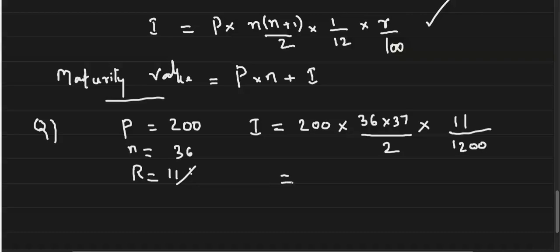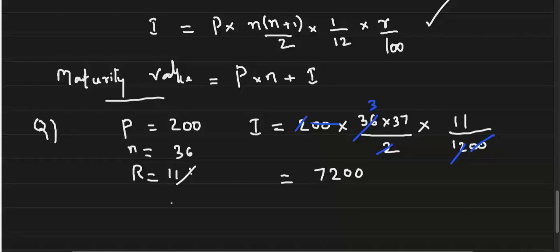What is remaining here? 36 by 12 is 3. I'll show you how it is getting cancelled. These 2 zeros get cancelled. This 2 is gone. This 36, this 12 is gone. What is remaining now? 37 into 3 multiplied by 11 is remaining. So the final amount, if you multiply, 1221 is the interest.